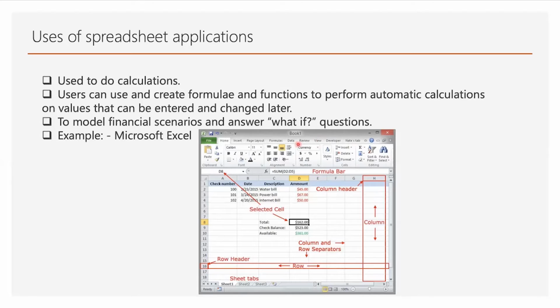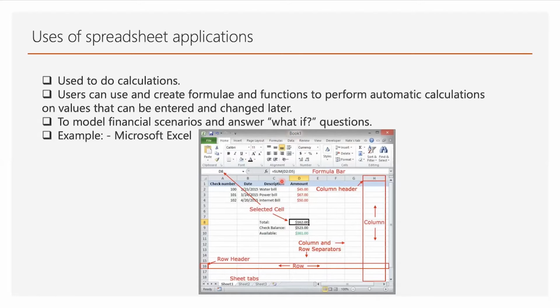This is the title bar where you put a name and save. If you type spreadsheet 1 and save it, it will appear here. Whatever name you put and save, it will appear in the title bar. Did you understand these components of spreadsheet applications?